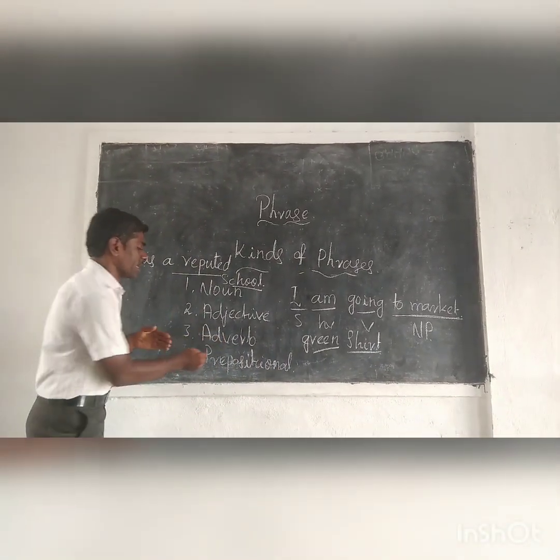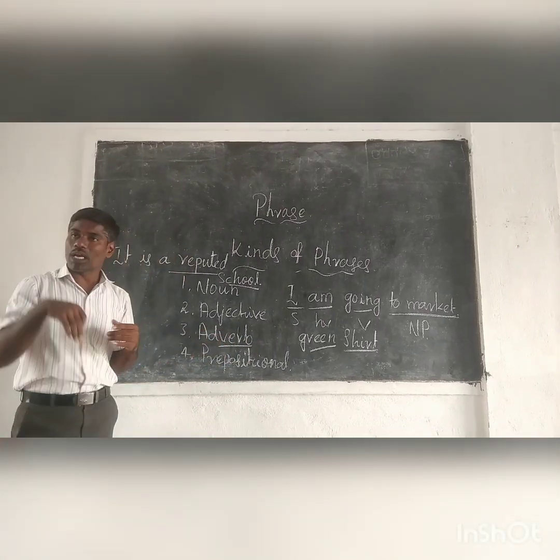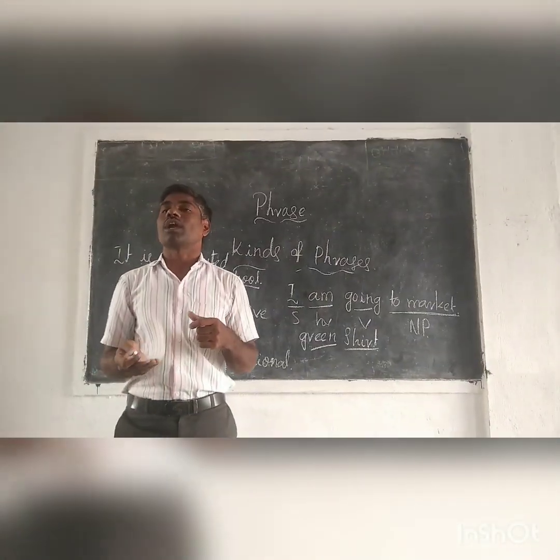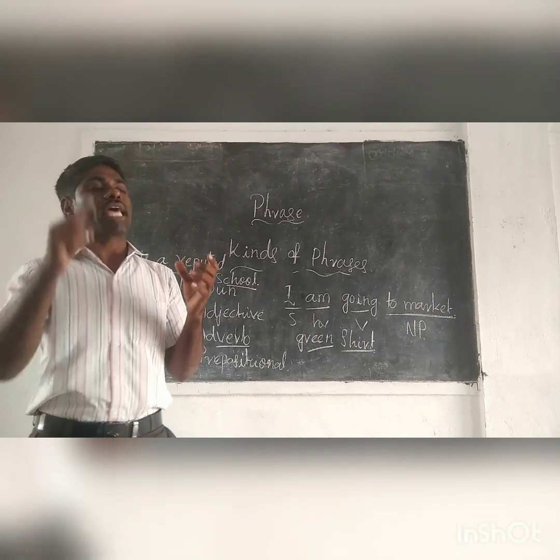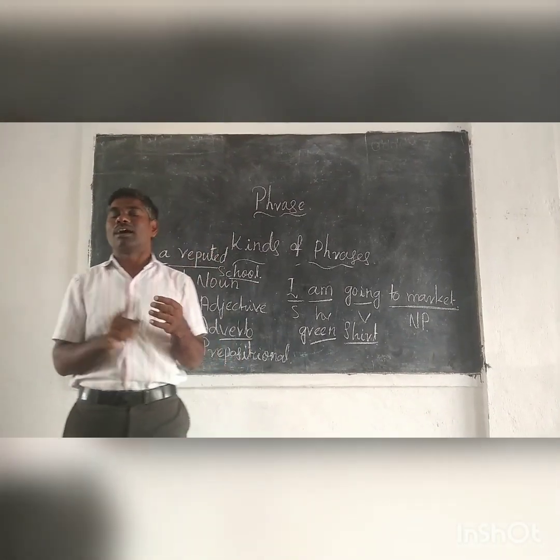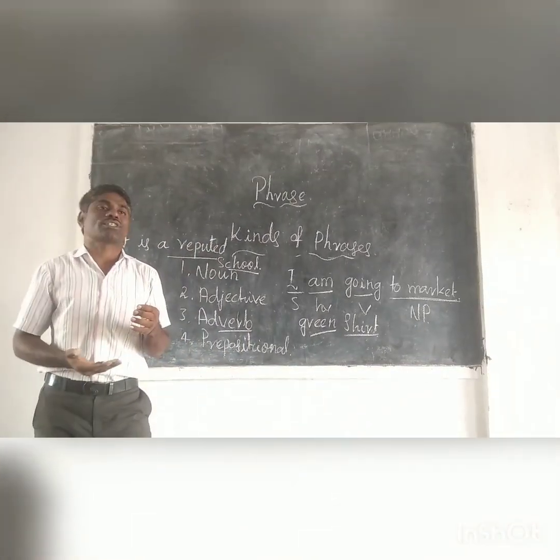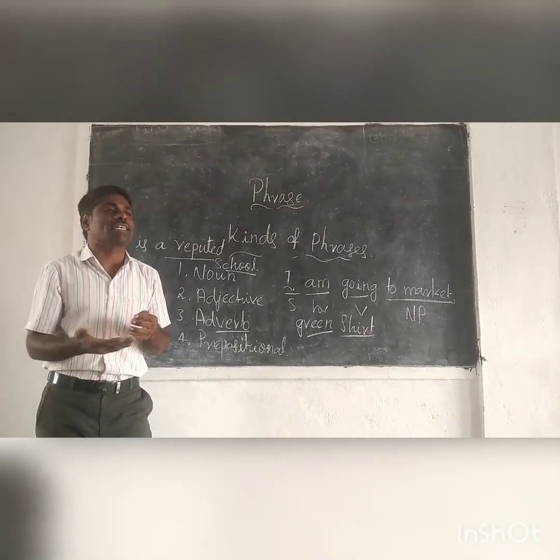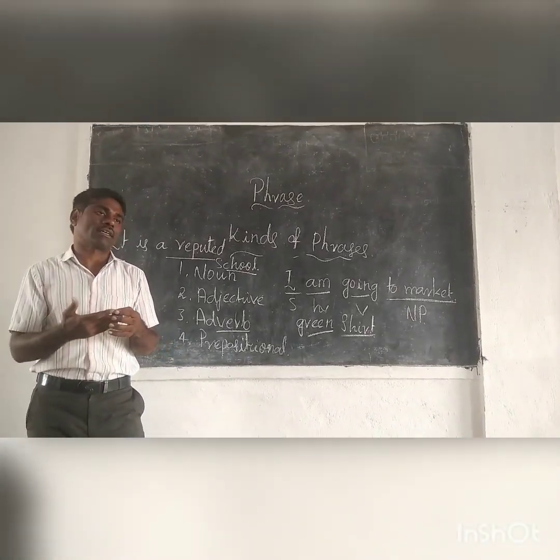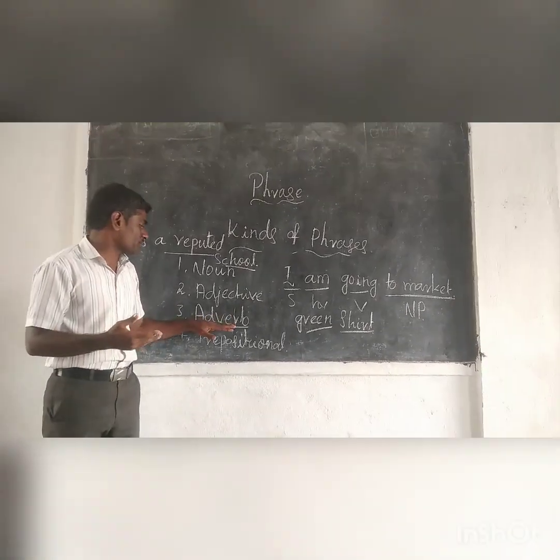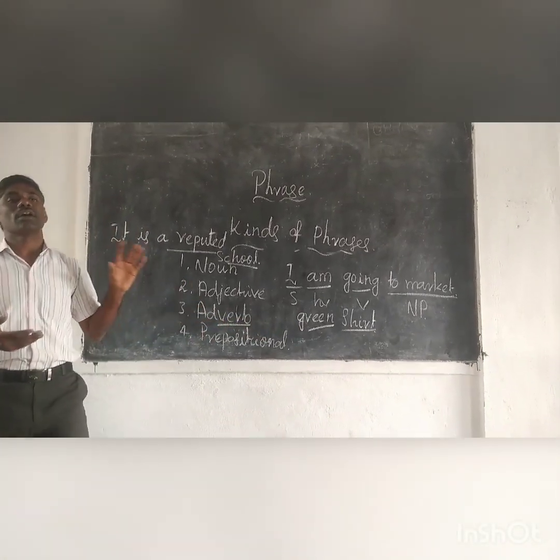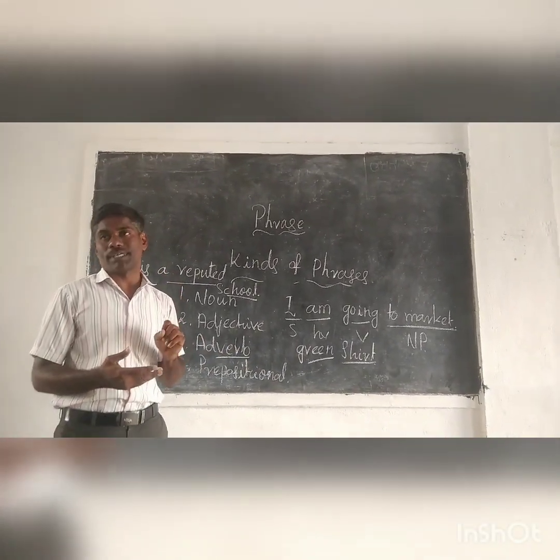Qualifying the verb means what is the action of the subject, or how the subject's action runs in the moment or in the context. This kind of phrase is called an adverb phrase.